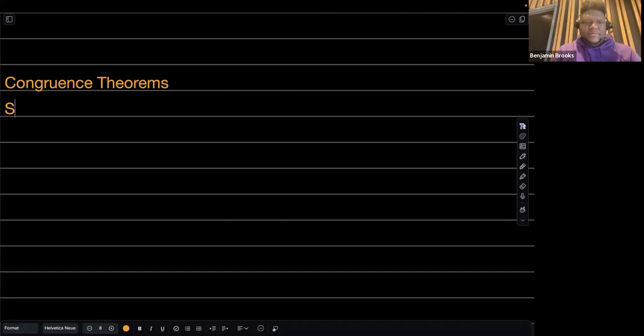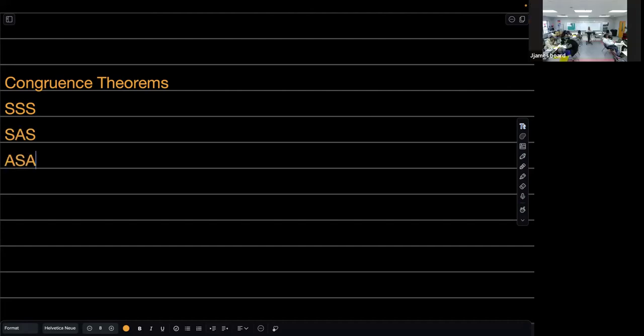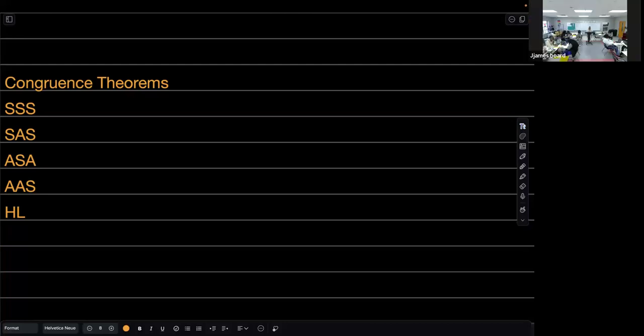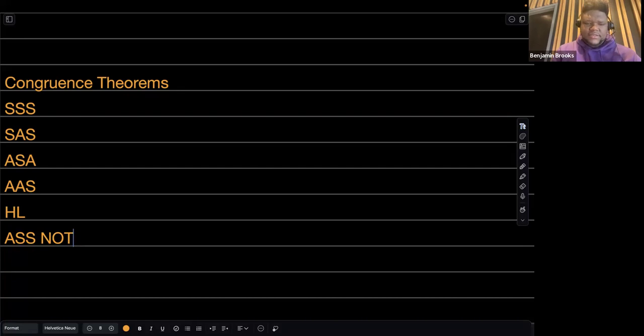The congruence theorems are side, side, side; side, angle, side; angle, side, angle; angle, angle, side; and hypotenuse, leg. But angle, side, side is not a congruence theorem.